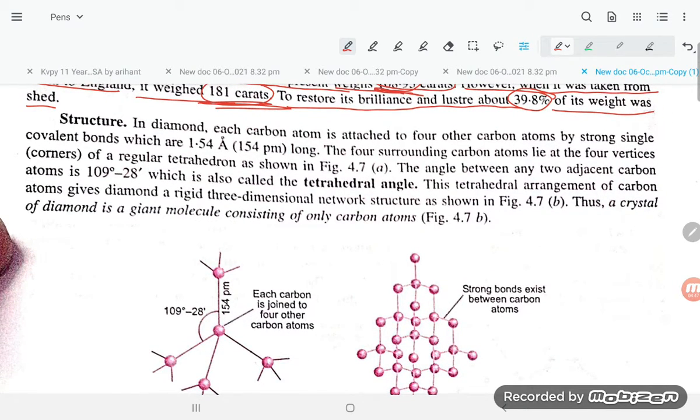Now let us have a look at the structure. In diamond, each carbon atom is attached to 4 other carbon atoms by strong single covalent bonds, which are 1.54 angstrom or 154 picometer long. The four surrounding carbon atoms lie at the four vertices, that is corners, of a regular tetrahedron, as shown in figure 4.7a.